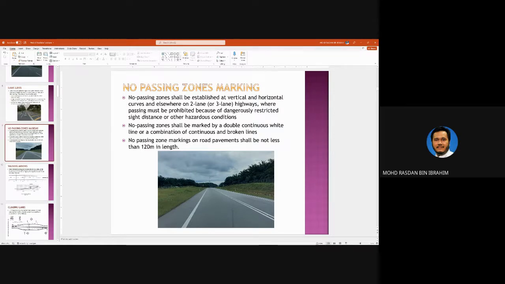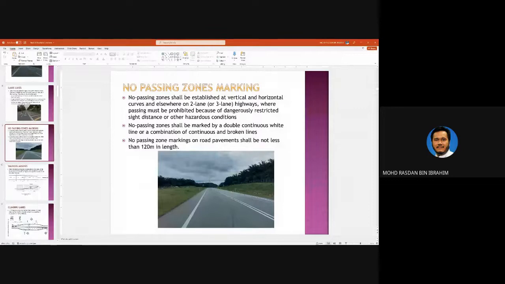Where 2-lane or 3-lane highways where passing is prohibited. Passing is not what we normally use; the term that we normally use is overtaking. So you are not allowed to overtake because of dangerously restricted sight distance or hazardous conditions. No passing zones shall be marked by a double continuous white line or a combination of continuous and broken lines.